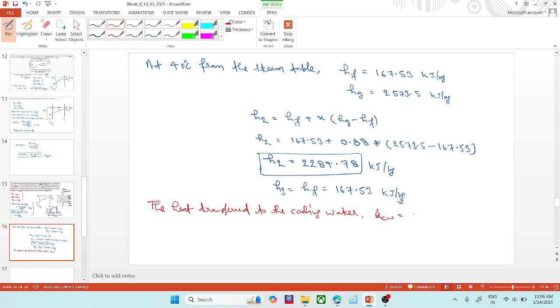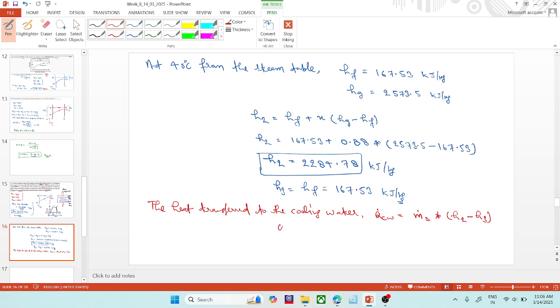Q dot CW is equal to mass flow rate of the steam into H2 minus H3. Okay, so we have all these values.